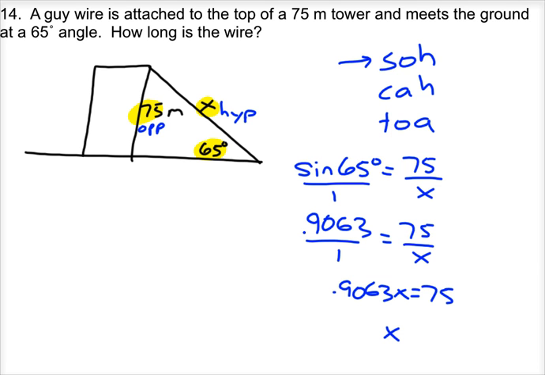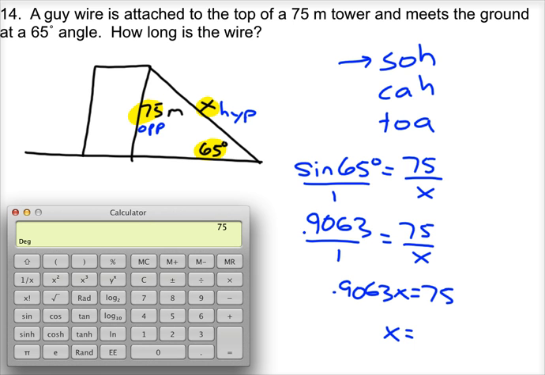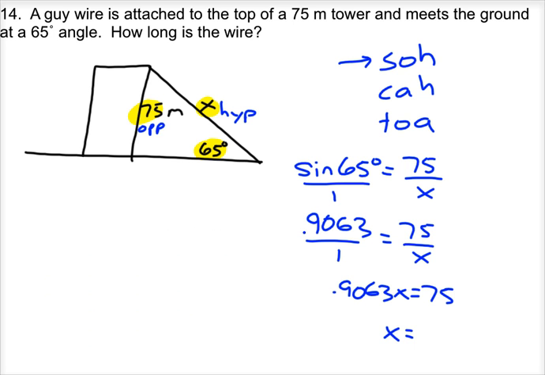Divide each side by 0.9063. So 75 divided by 0.9063. And it rounds off to 83. So I know that the wire is 83 meters long.